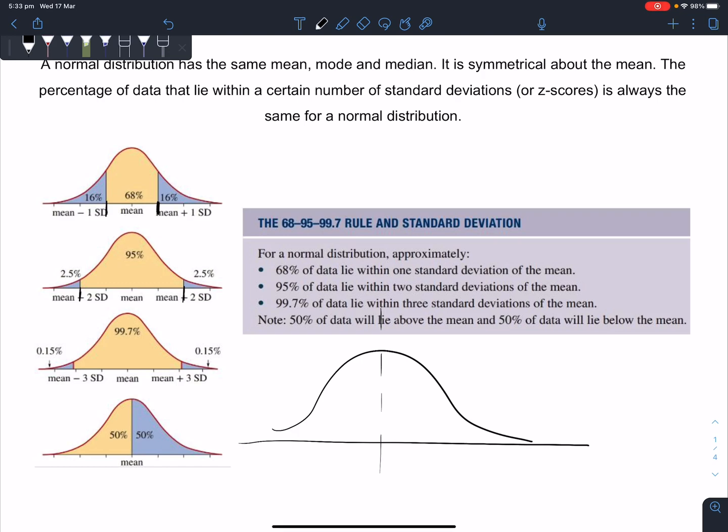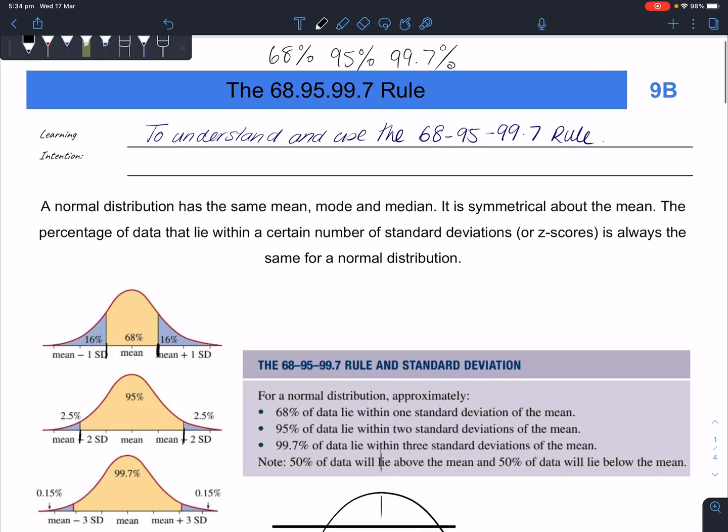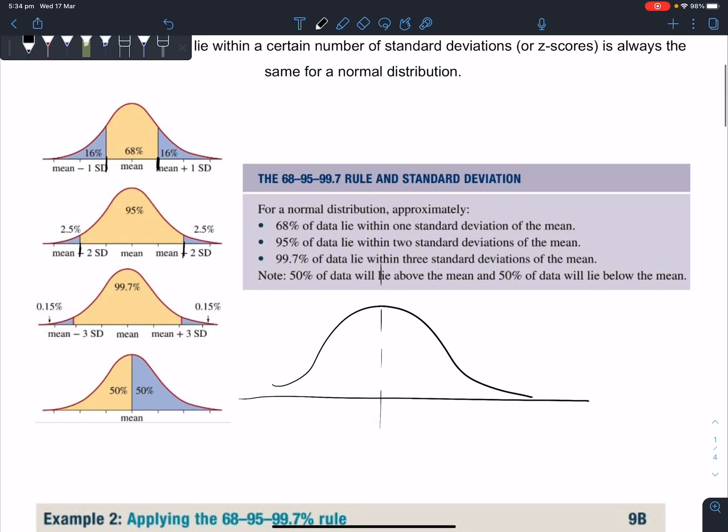Basically what the rule tells me is that within the first standard deviation, second standard deviation, and third standard deviation, a certain amount of the data will come up in that section. For example here, that's that middle bit. That obviously is a large number in there.